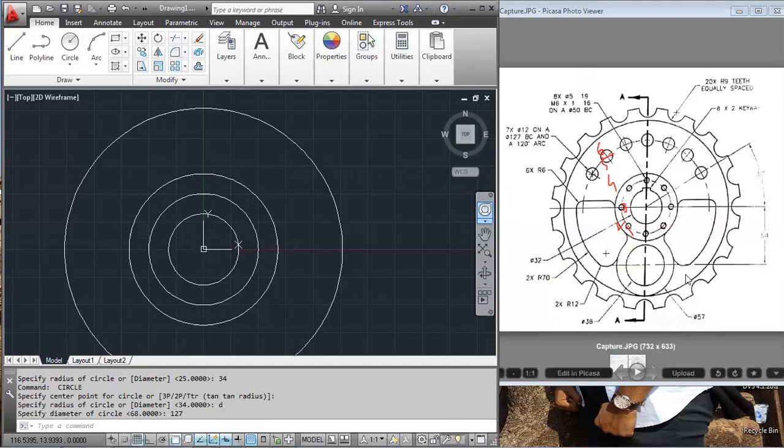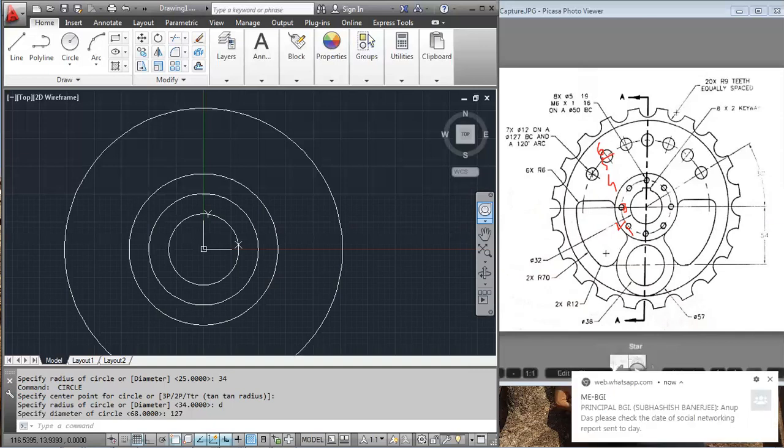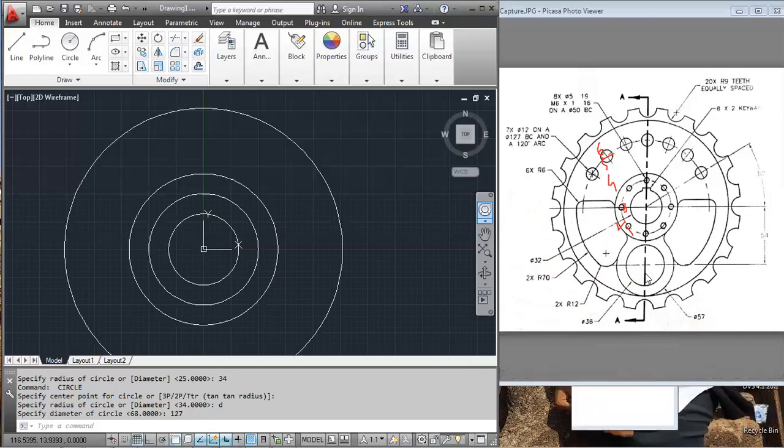So no dimensions are there, but we can calculate it, right? From this center to this center, it is 54. The center is 54, so the radius would be 54 plus this radius, right? So this is 57. You can add 57. Half of 57 would be 28.5. So 28.5 plus 54. So the radius would be how much?